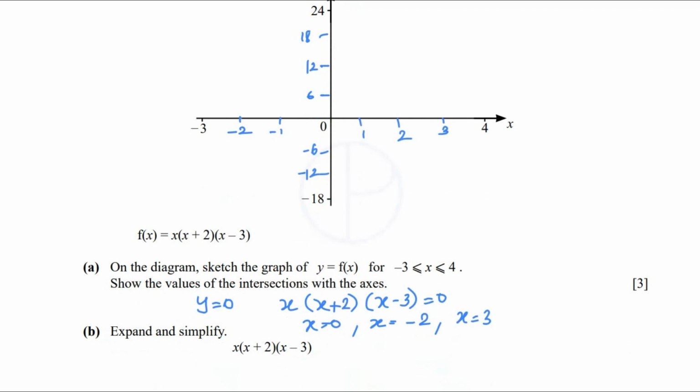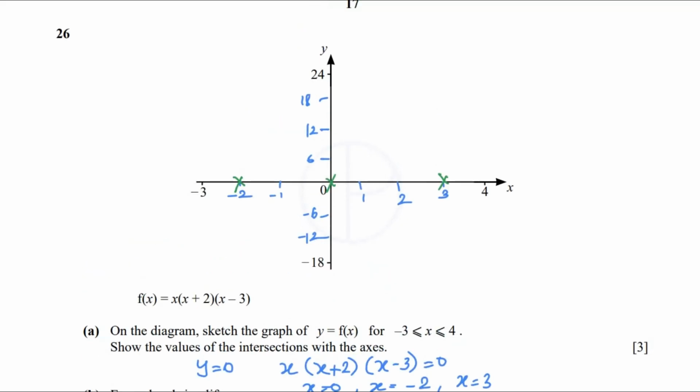So when y is 0, x is 0. So the origin. When y is 0, x is negative 2. This point. And x is 3. Okay. So now we know 3 points on the graph.